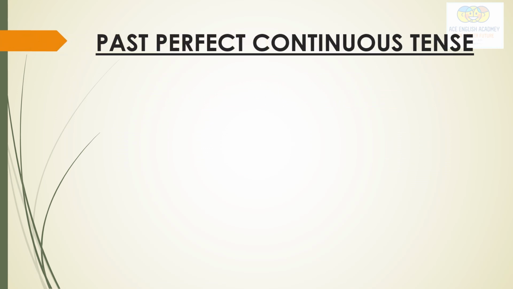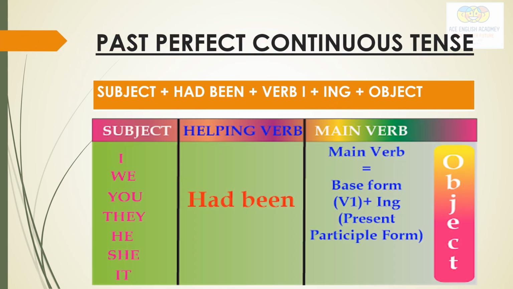So let's first discuss the rules of this tense, and then we'll discuss the examples. What are the rules for the past perfect continuous tense? Subject, had, been, verb first form plus ing, and object. Also, we can use since, for, before here. I will explain the use of since, for, and before.